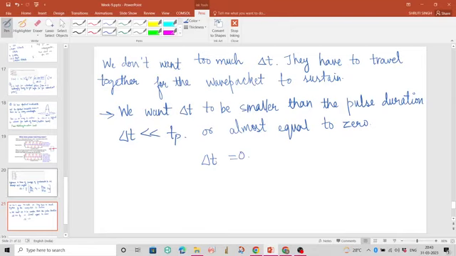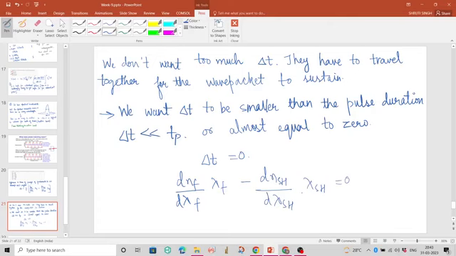So from this expression, if delta t is equal to 0, we will have dnf by d lambda f into lambda f minus dnsh by d lambda sh into lambda sh equal to 0.